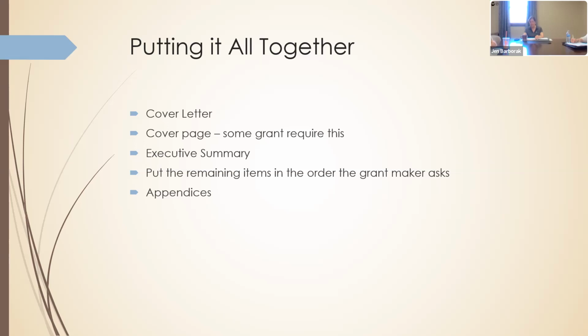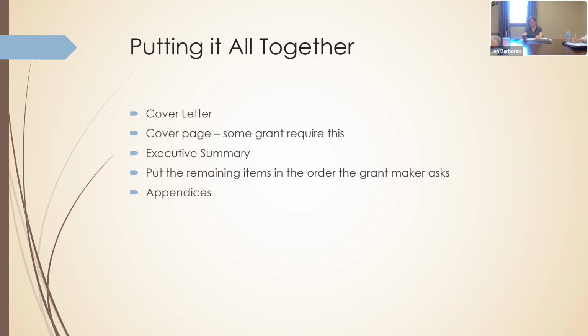Usually the funder will then request the other items to be placed in a particular order. So make sure that you're looking at your funder's instructions and you're following them to the T. And then the proposal should be neat and clutter-free. Make sure there are no typos or very few typos. Headings should be clear.